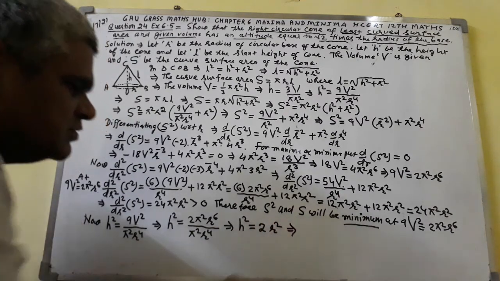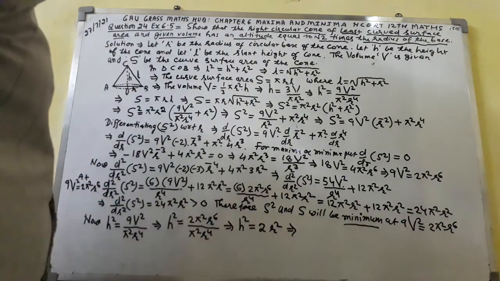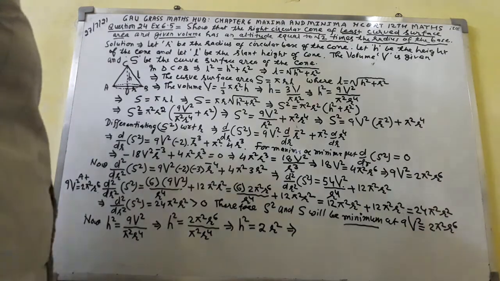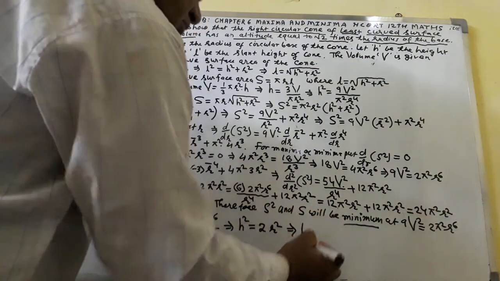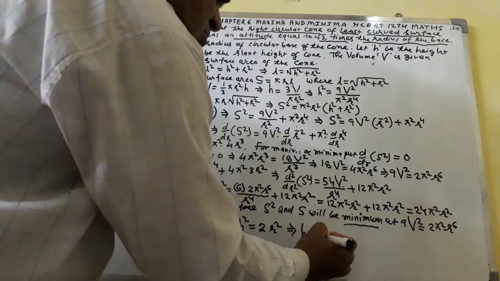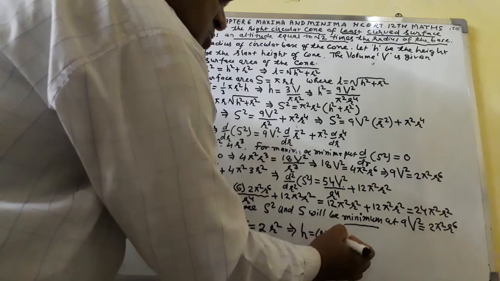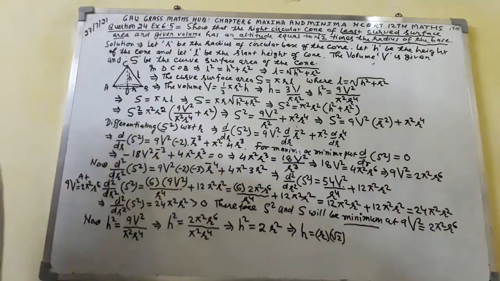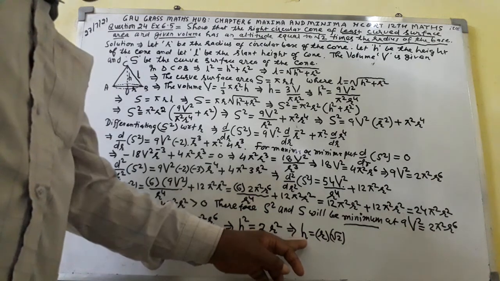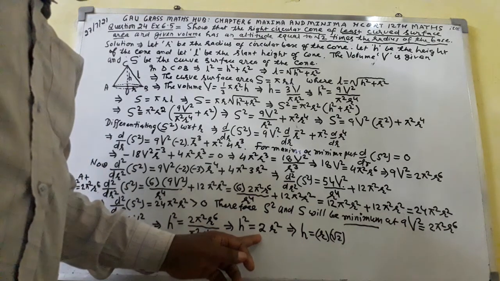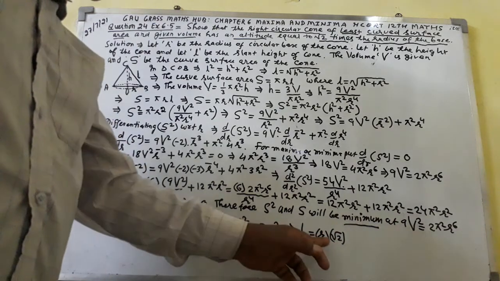Just take under root in both sides, you will get here h is equal to r under root 2. Under root h square comes out to be h, under root 2 you will get under root 2, under root r square comes out to be r.